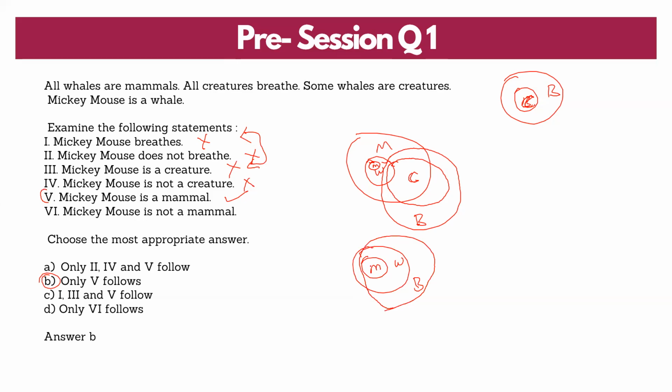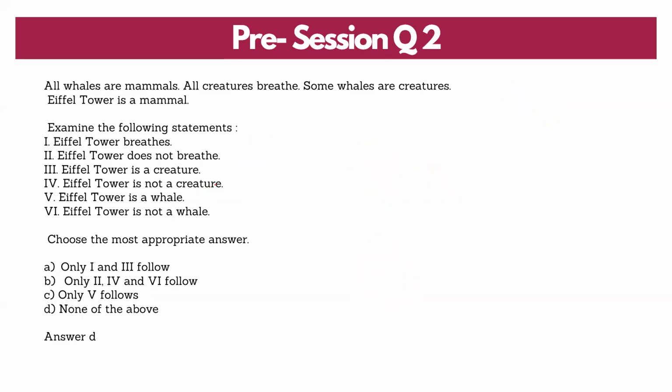In this particular case, I would have got the answer that Mickey Mouse breathes. So there are multiple cases possible. I cannot conclude 1 and 2 both, because in some cases I'm getting 1 as the answer, in some cases I'm getting 2 as the answer. The answer cannot change as per my drawing. It has to be 100% sure, and only statement number 5 is 100% sure.